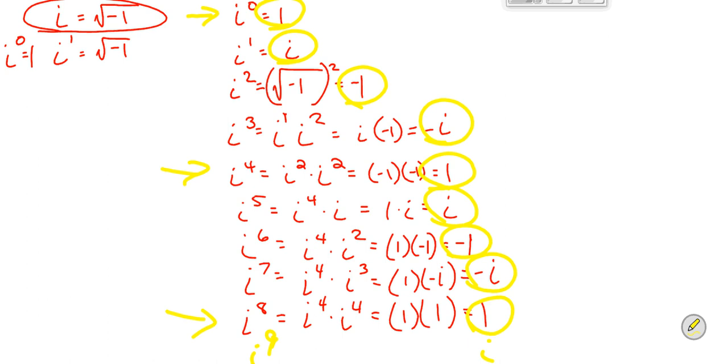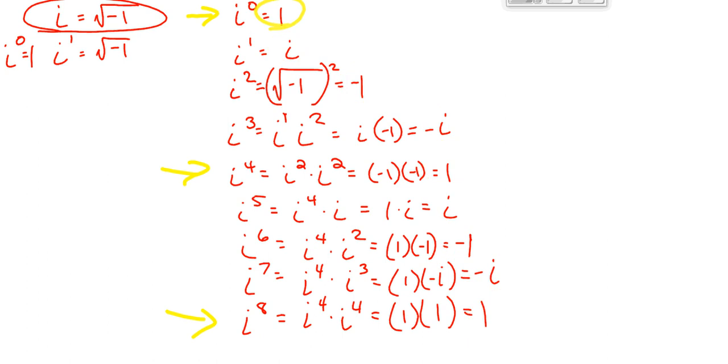So if you think about the powers of i, every time you get i to the 4th, then let me get rid of some of that yellow stuff. Every time we have a multiple of i to the 4th, it's going to equal 1.